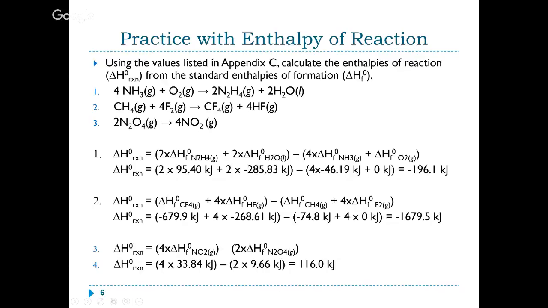We do the math, subtract, and get 116.0 kilojoules. So this tells us that this reaction is endothermic. So once again, in terms of favorability, we would recognize that these first two reactions favor the products, whereas this last reaction favors the reactants.